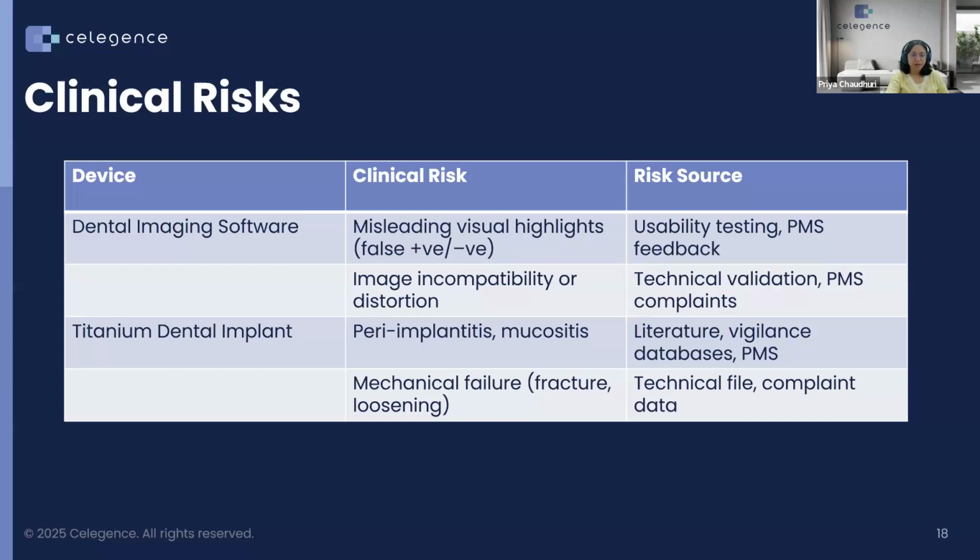For example, if we are assessing peri-implantitis in titanium implants, the literature might show that it occurs in 12 to 18% of patients over a period of 5 years. Depending on patient habits and hygiene, these factors might also be considered as part of evaluating the percentage.